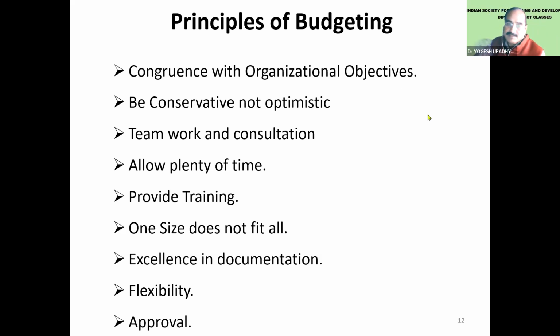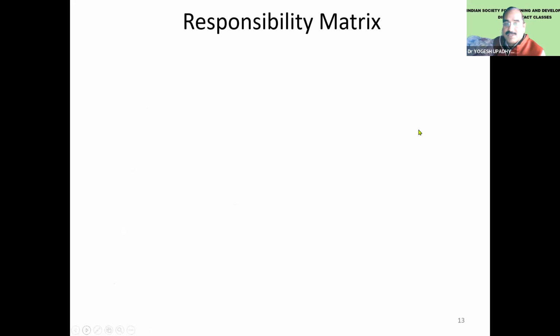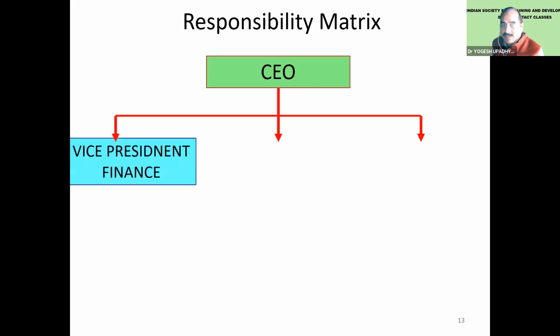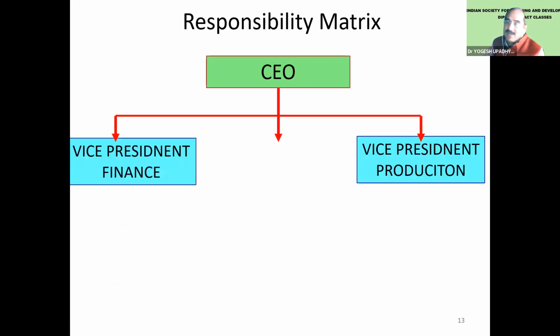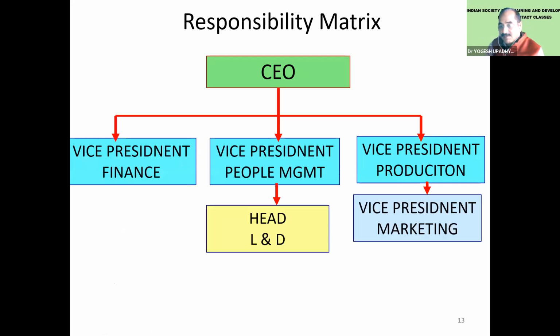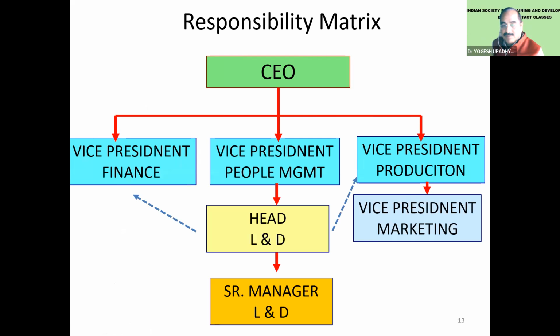Not only this. Last time there was a question on the responsibility matrix. The CEO is there for approval, then Vice President Finance, Vice President Production, and Vice President People Management. Now the L&D head will lie under the Vice President People Management, and Vice President Finance also will be there.